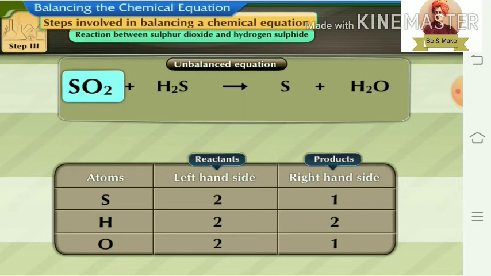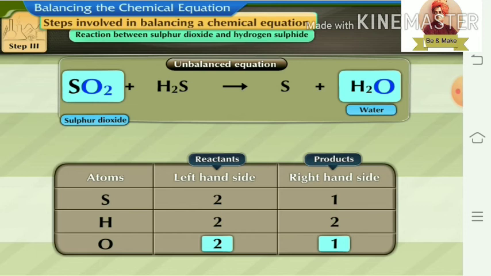So first we have to put a box around every compound in the chemical reaction. This is step first. Second, we see the number of atoms at both sides. Third, now we have to go for the coefficient of the atom which is unbalanced in the given reaction.